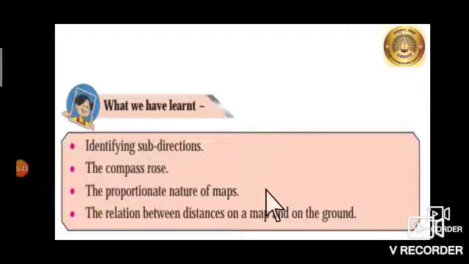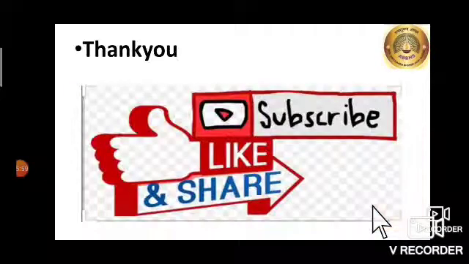You learned how the index is mentioned, and the symbols and signs that are used on the map. The relation between distance on the map and on the ground. Students, I hope that you are clear with this lesson, and of course do the activity on page number 81 and 82.